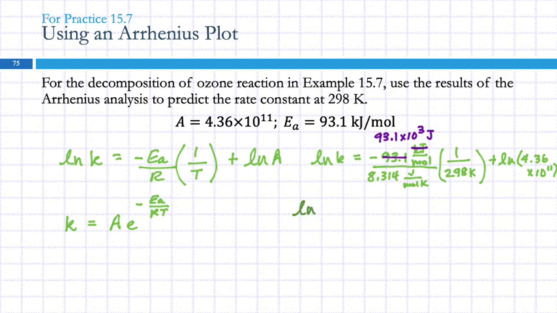So the natural log of k is equal to negative 1007.1 and some zeros and stuff. Did you get the same number I got? Anybody?